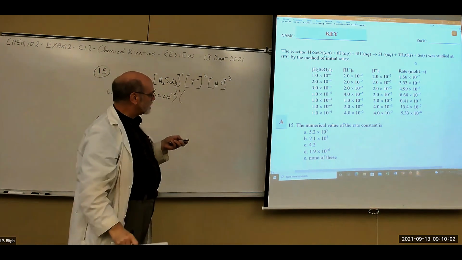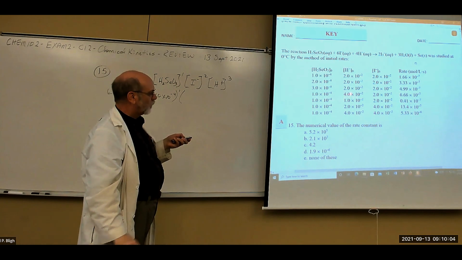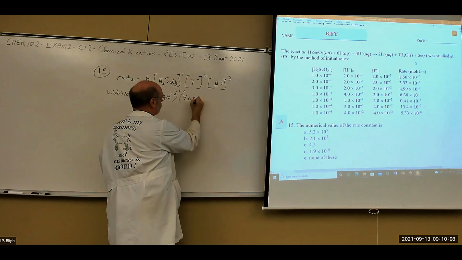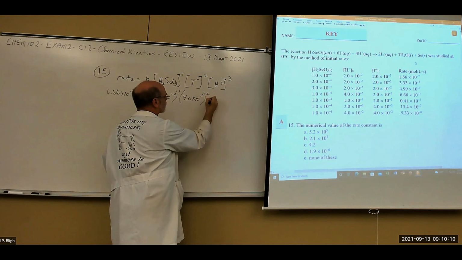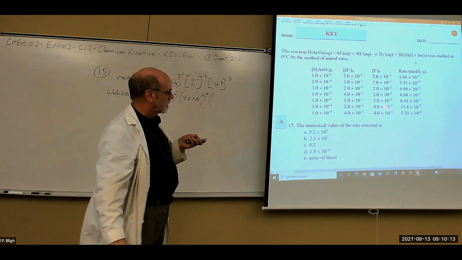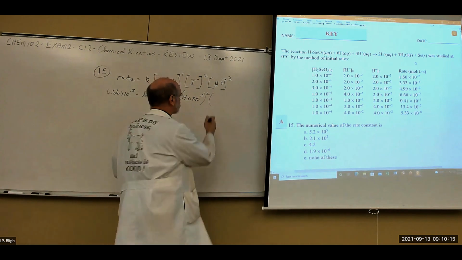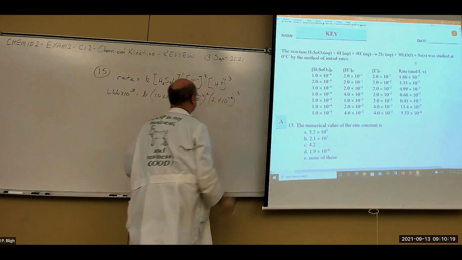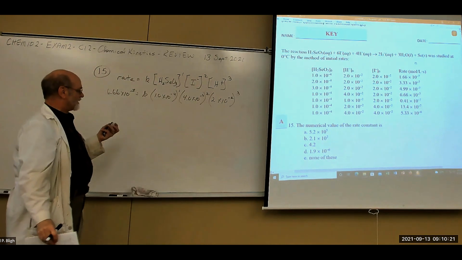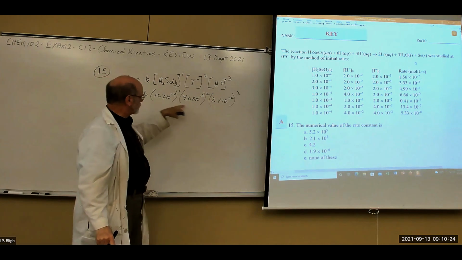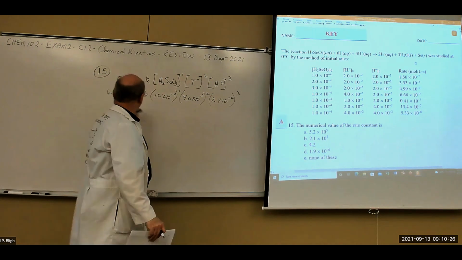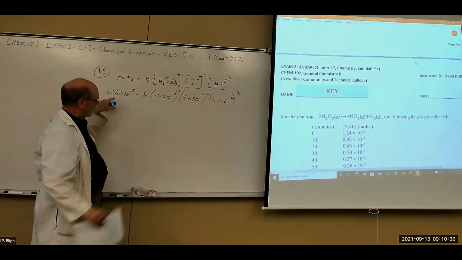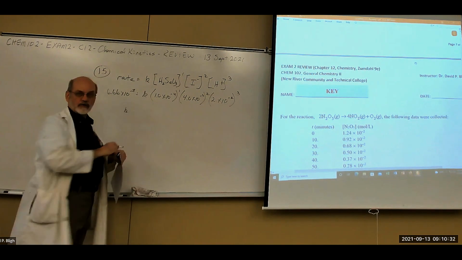And then iodide is 4 times 10 to the minus 2 squared. And then protons is 2 times 10 to the minus 2 cubed. Okay? So this one doesn't change. That one squares, that one cubes. And then you multiply those all together and divide them into this one. And that gives you your K.